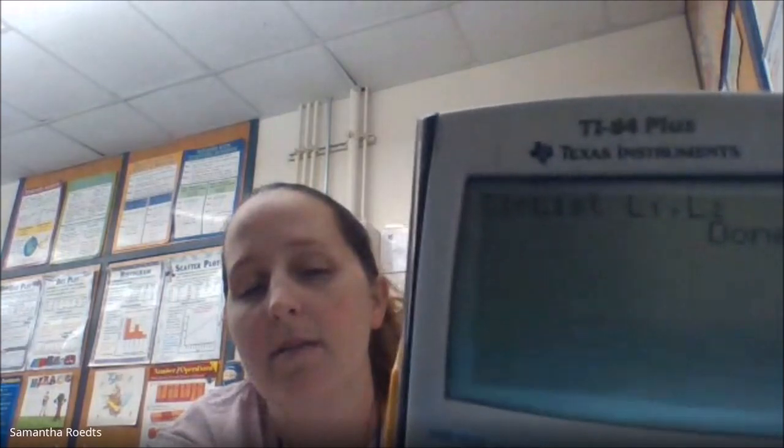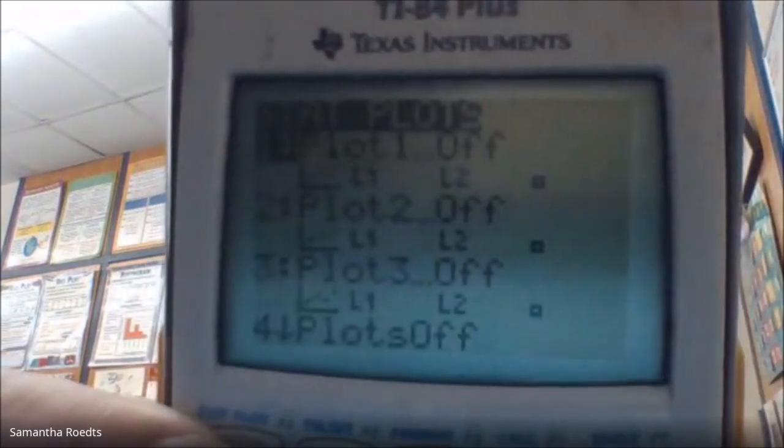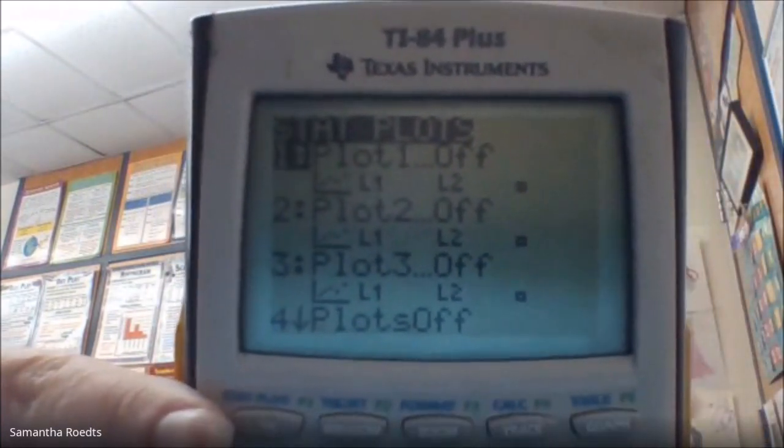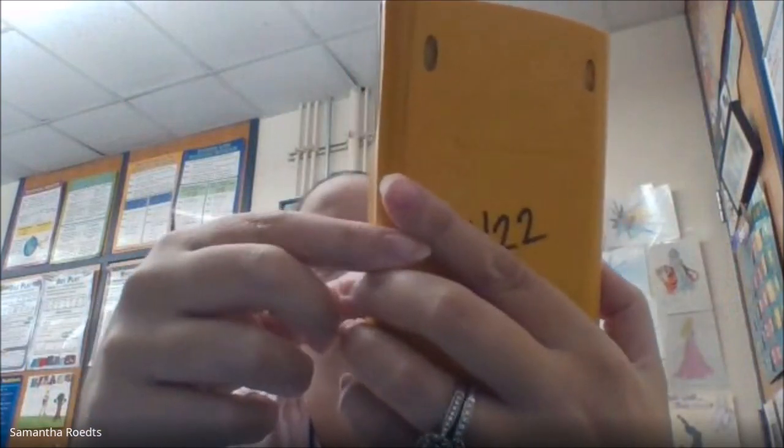So I go to second, and then I hit the Y equals button at the top. Takes me to this. This says off. So for 1, I want to hit enter.